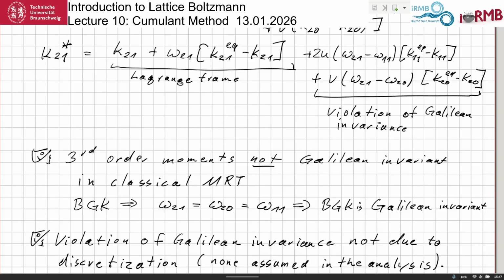Reversely, if we make them Galilean invariant by using central moments, it is not clear how we make them independent of each other. Because every time that we define a different frame of reference, we would have to find new weights for the moments that make them independent.